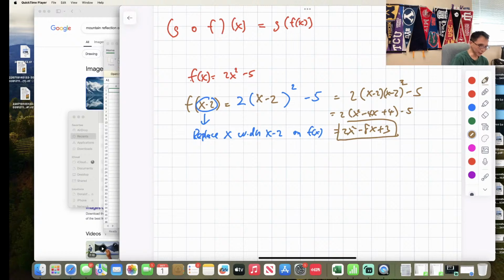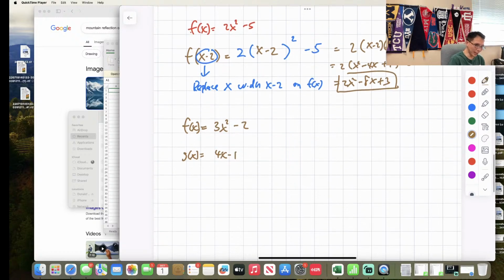So here's the thing. What if my f of x is equal to 3x squared minus 2 and g of x is equal to 4x minus 1? And we say, can you tell me what's f of g of x in this case? Well, first of all, I'll write down the notation. The proper notation is like this.